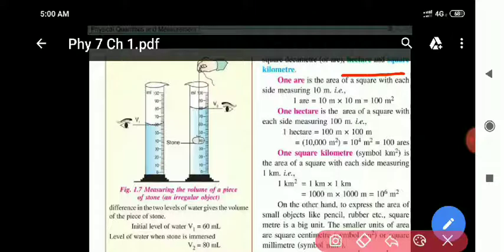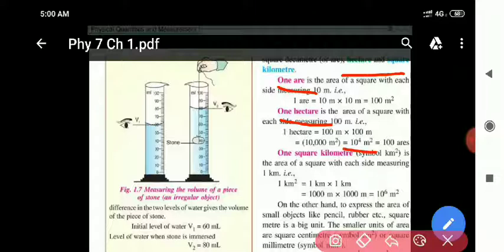1 acre is the area of a square with each side measuring 10 meter. If there is a square of 10 meter side, then that is 1 acre. A square of side 100 meter is measured as a hectare. 1 hectare equals 100 meter multiplied by 100 meter, so it will come to 10 raised to power 4 meter square.